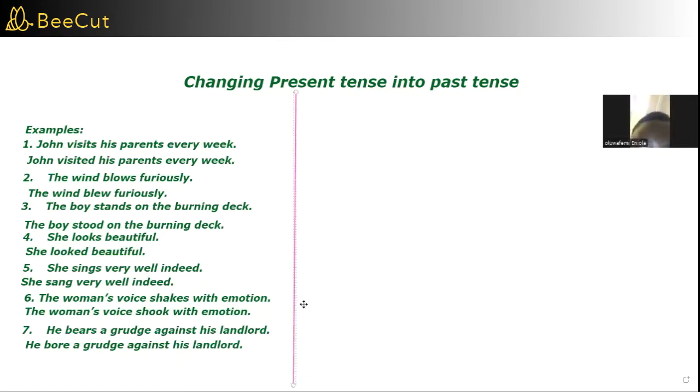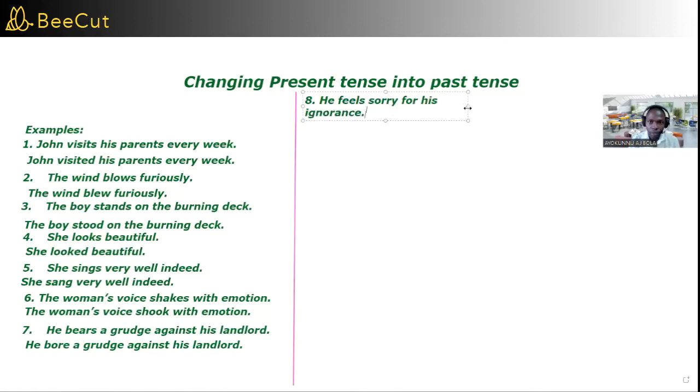So we're going to move to the next one now, which is number 8. He feels sorry for his ignorance. He feels sorry for his ignorance. That's number 8 there.